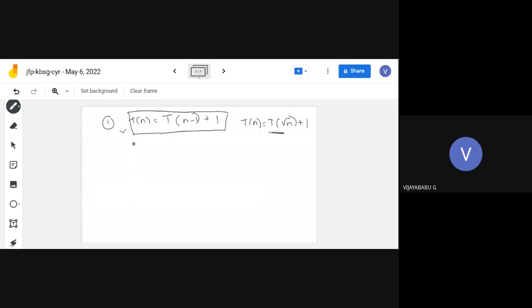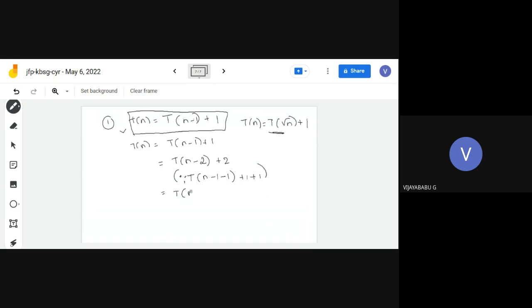So here T(n) = T(n-1) + 1, and in the place of n we substitute n-1. So T(n-2) + 2.